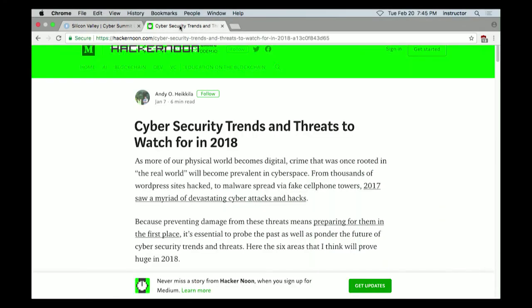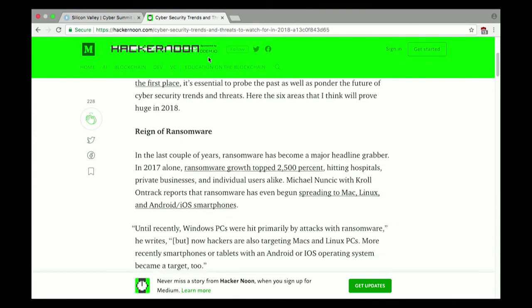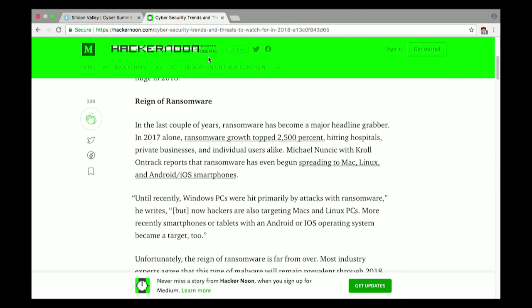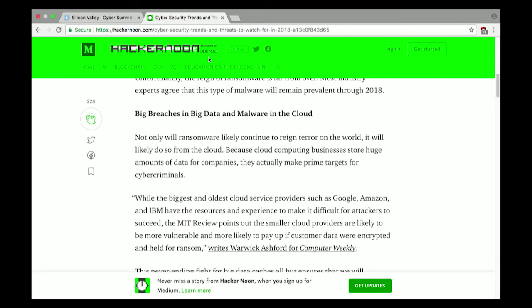Some of the threats for 2018: the main problem is ransom. Ransom attacks have become one of the main issues lately, and attackers make lots of money from them. Whenever you get a ransom attack, you have lots of breaches and you lose lots of your data.